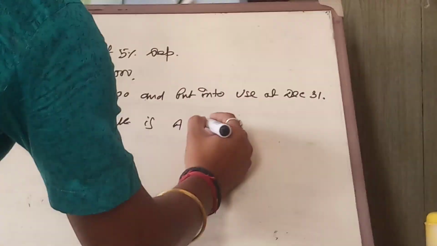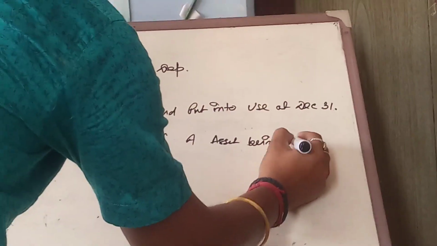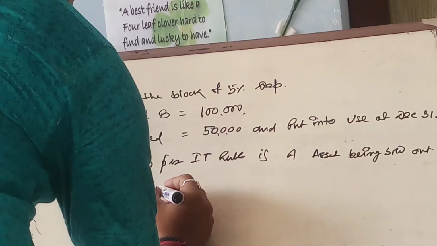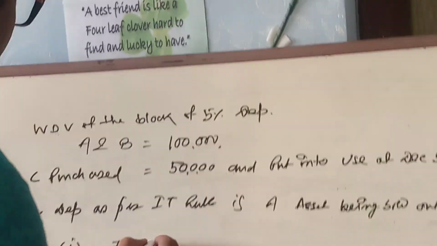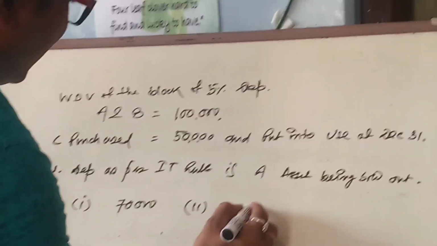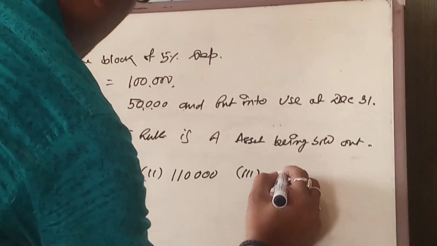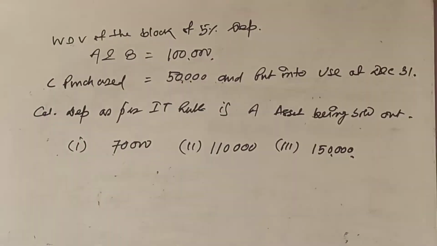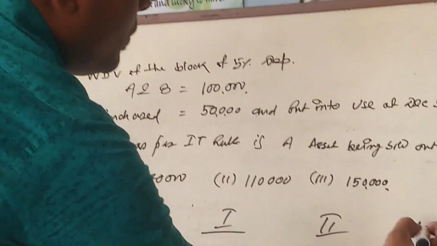If A asset is being sold under three situations, like 70,000, 1,10,000, and 1,50,000, we are taking these three situations into consideration.